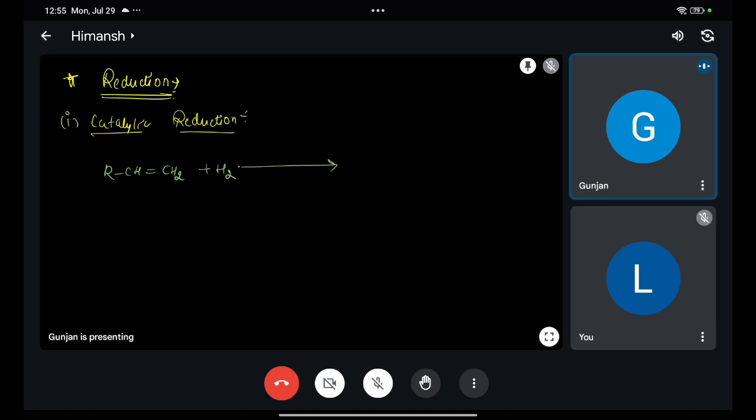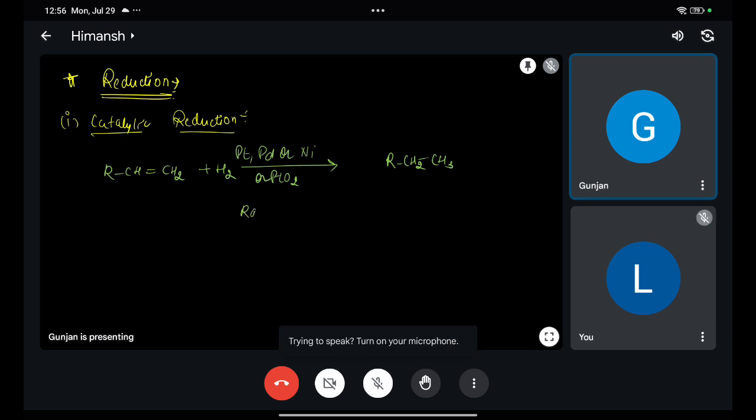Now the catalyst is either platinum or palladium or nickel. Okay? Or sometimes PtO2 is given. So it will convert that to R, CH2, CH2, CH3. Okay? Yes, ma'am. So nickel is written as Raney nickel.